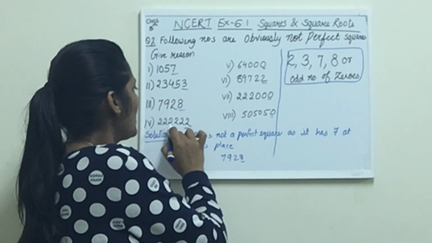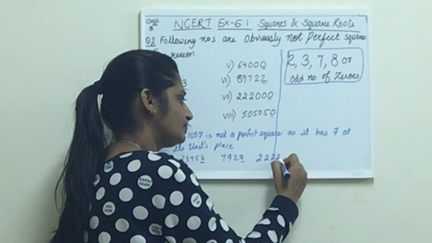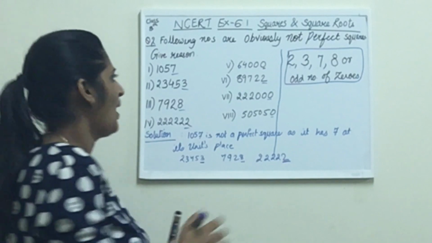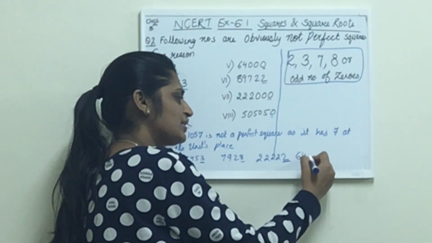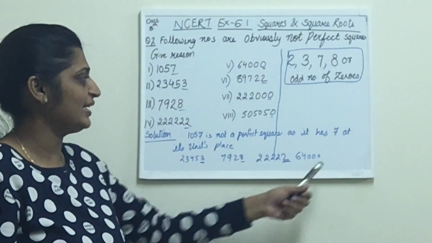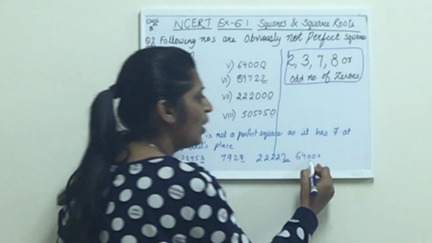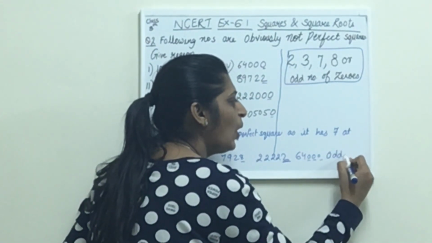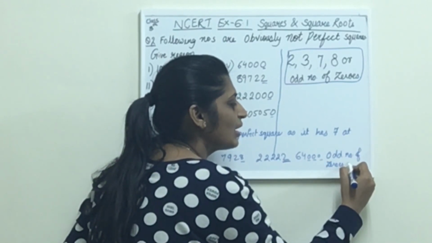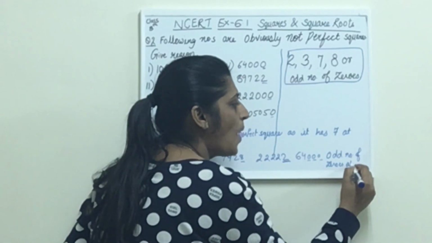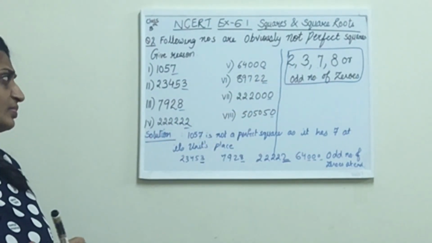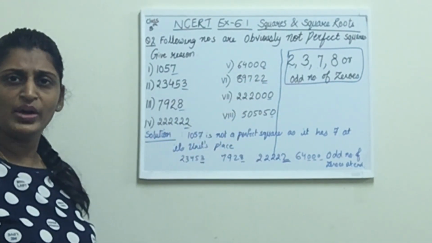This is 2,22,222. It is not a perfect square because it has 2 at its units place. 64,000 is not a perfect square because it has odd number of zeros at the end. 89722, because it has 2 at its unit place.